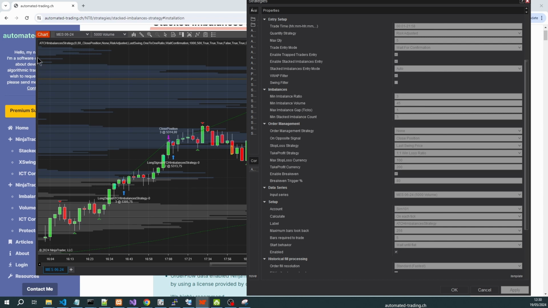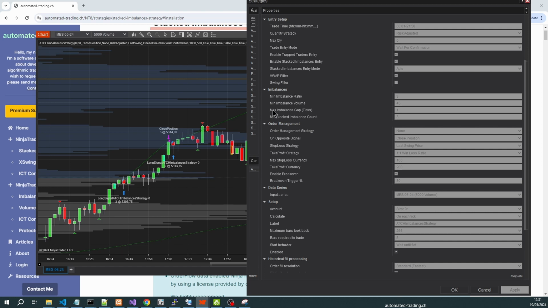You need to increase it a little bit because the volume on the ES is greater than the volume on the micros. Of course, on the NQ, for example, you have a different range of volume, so you need to backtest and test different values. But generally speaking, for the MES, I tend to use the value of 40 or 50. I don't go beyond that because it will be very rare to see stacked imbalances on the micros with a very high volume.